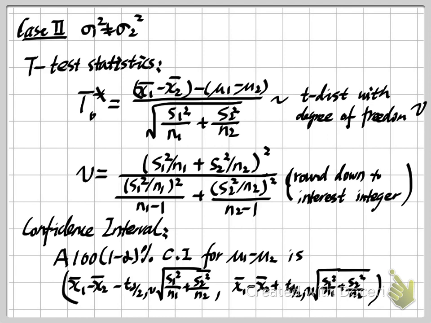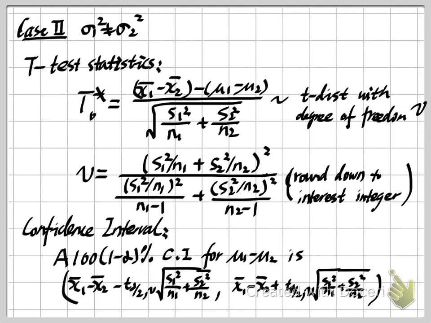The other change is that instead of using N1 plus N2 minus 2 as our degree of freedom, we use the very complicated equation V. So this is the formula for this part.